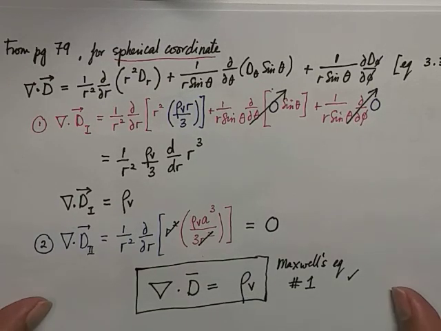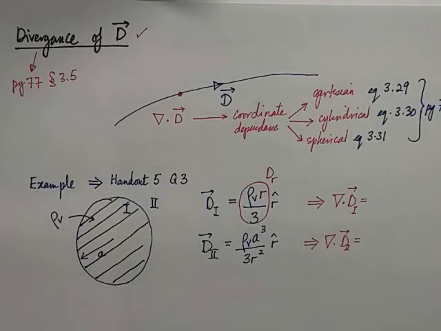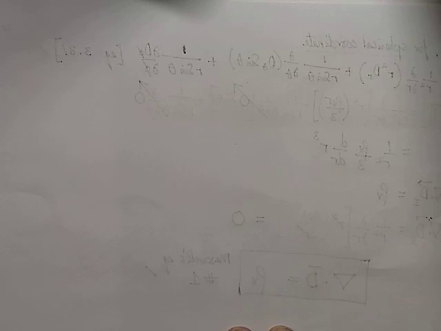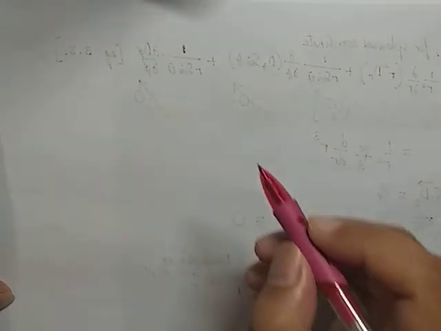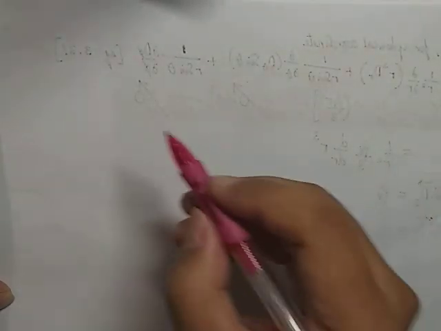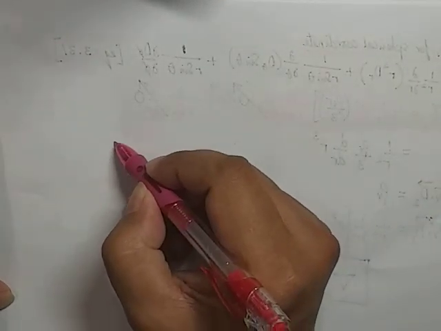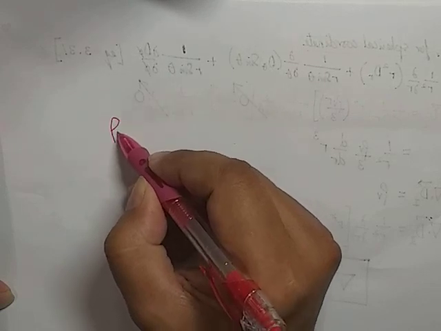Okay, so I'm going to summarize what we have learned until now using this simple graphical representation. What we have learned so far in the world of electrostatics, we know that the source of electrostatics is stationary charge.